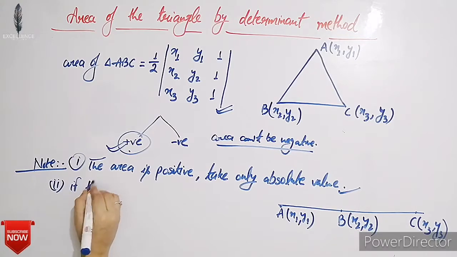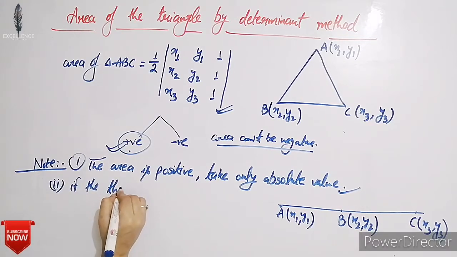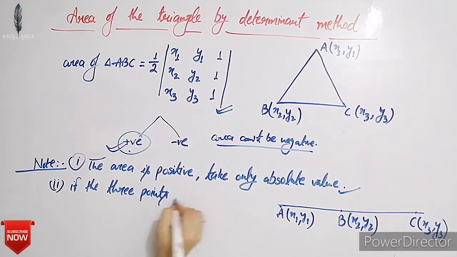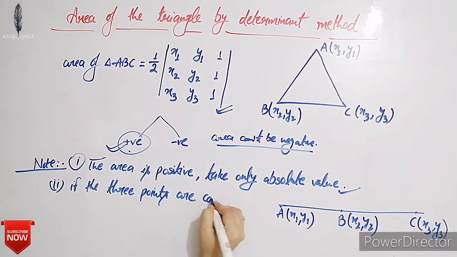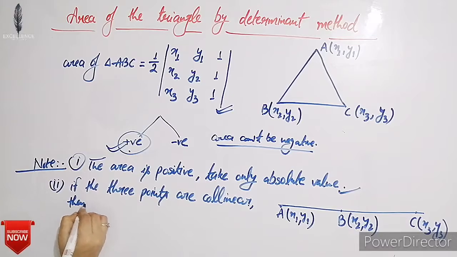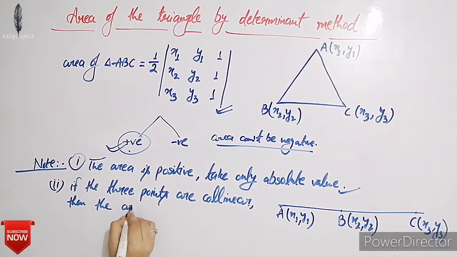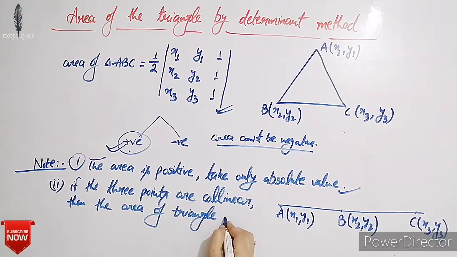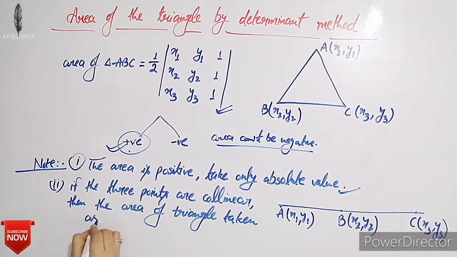So remember that if the 3 points are collinear, then the area of triangle is taken as 0.